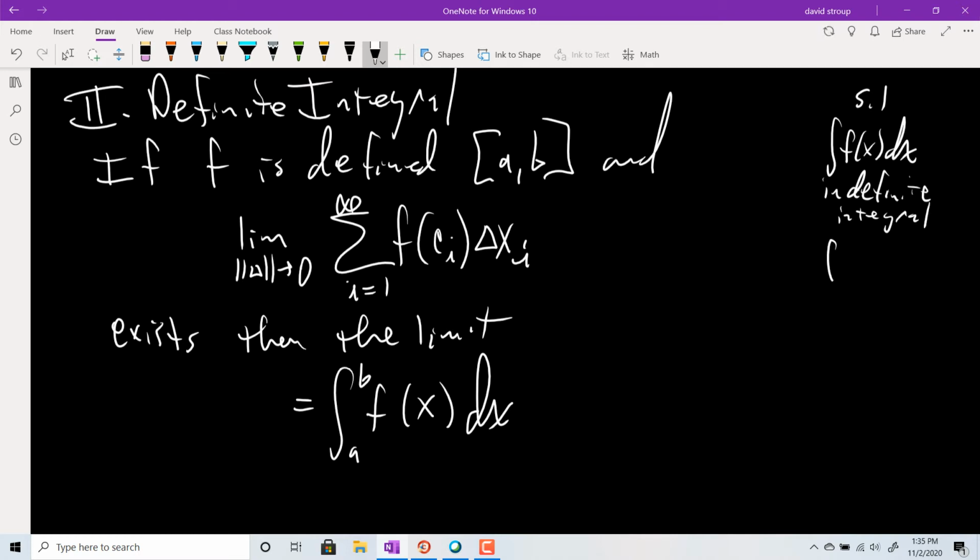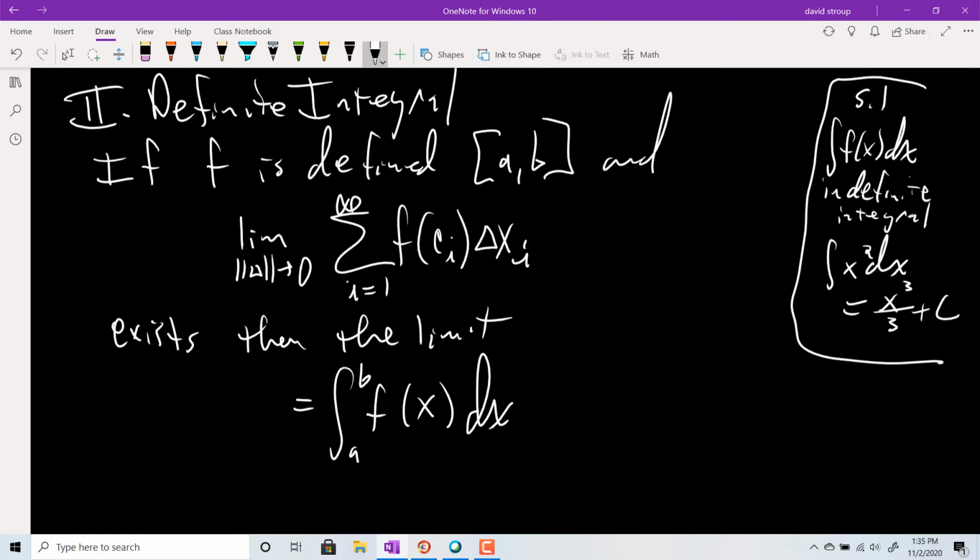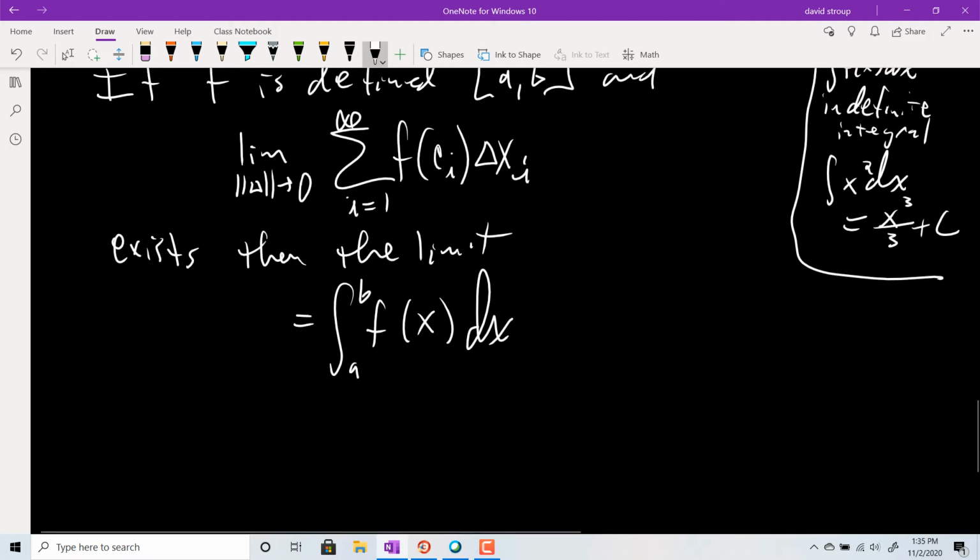For example, the indefinite integral of x squared dx would give you x cubed over 3 plus c. The point I'm trying to make is that although the symbols are lining up, we haven't lined up the connection between the area underneath the curve and the antiderivative. It's not there yet. We're getting closer.